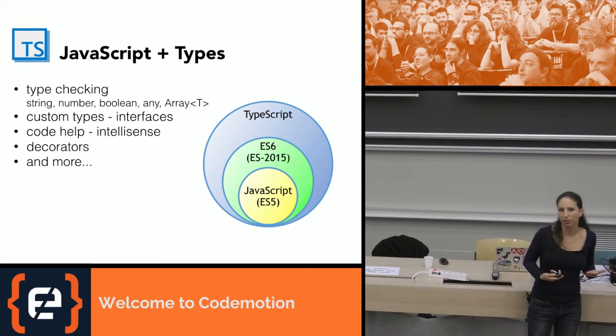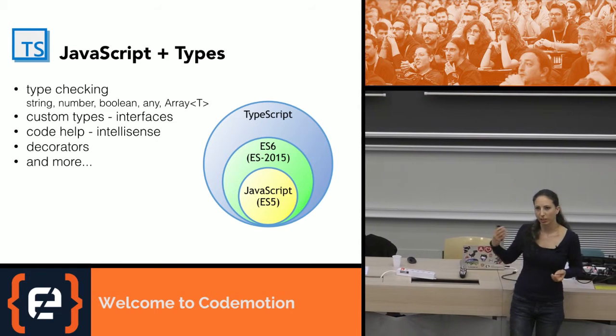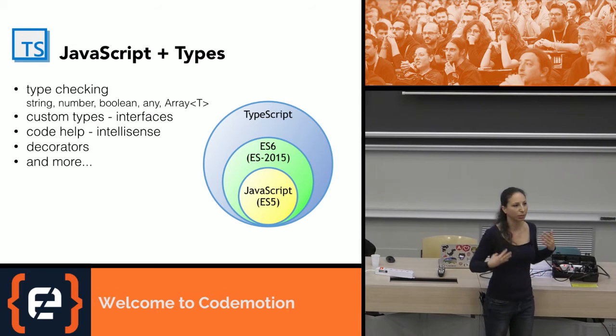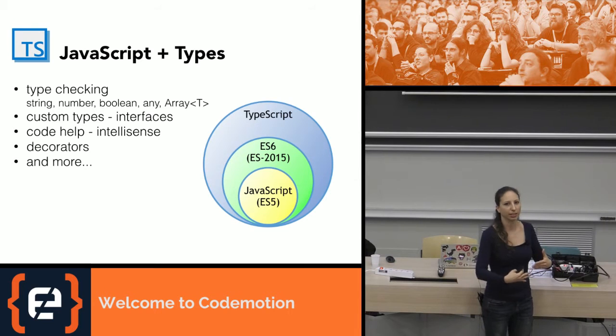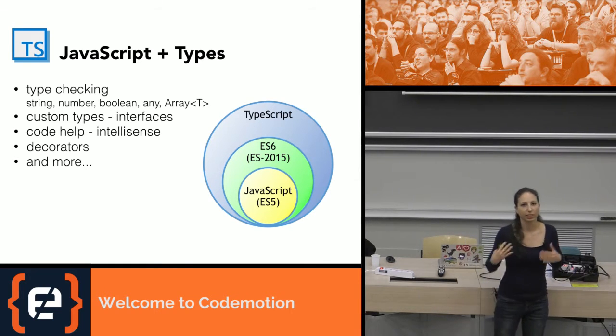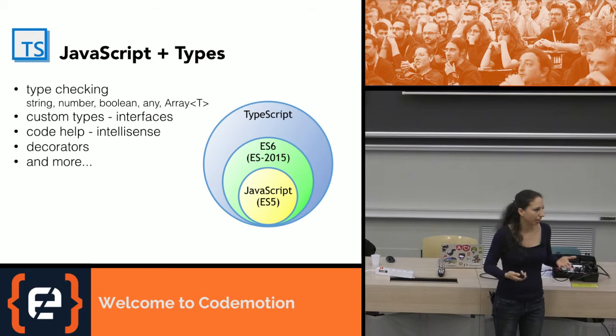And what TypeScript gives us is types for our variables, which is great for type checking and type safety. It helps us during our work and prevents errors in runtime because we can catch them while we write our code. It helps with IntelliSense, and it gives us other things like decorators and more.